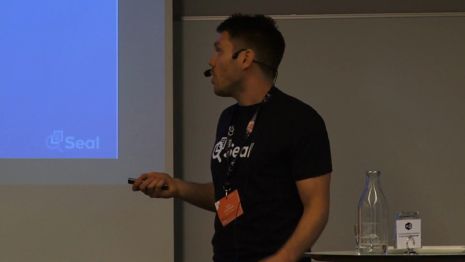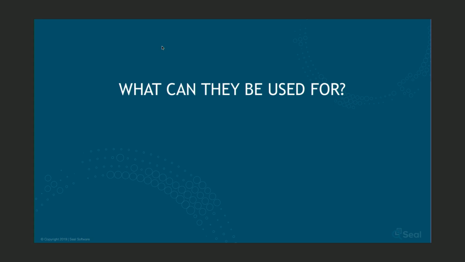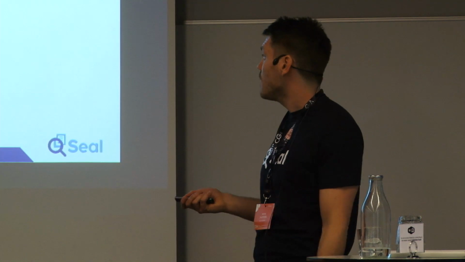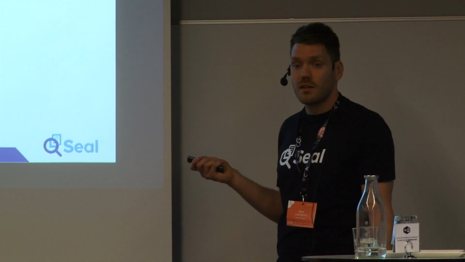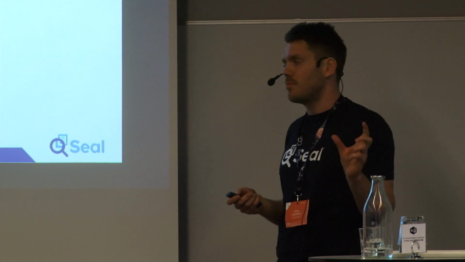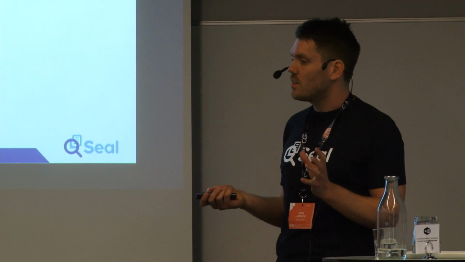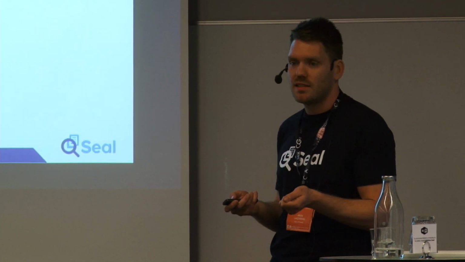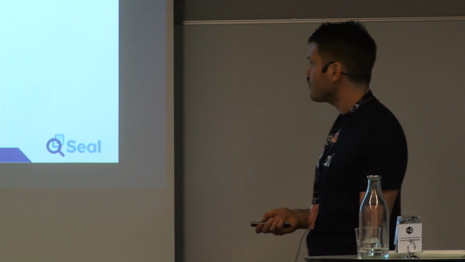Before we move on, I just want to touch briefly on what they can be used for. One main usage that you all have been experiencing is auto-completion on your phone, right? There is a language model in there that tries to predict what your next word is going to be. It's used in speech recognition software to disambiguate. When it doesn't really hear what you're saying, it can infer from the context, okay, it's probably this, it's not that.